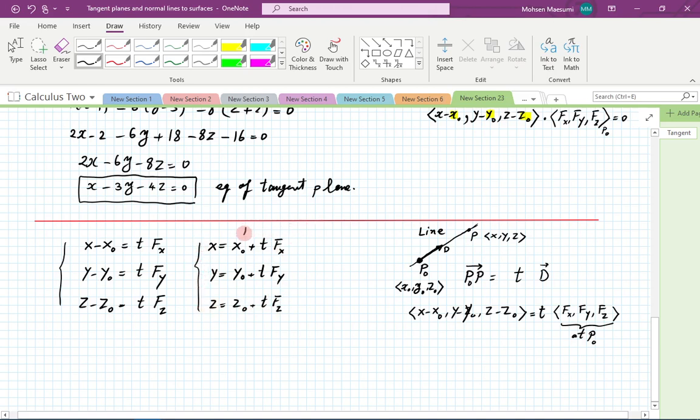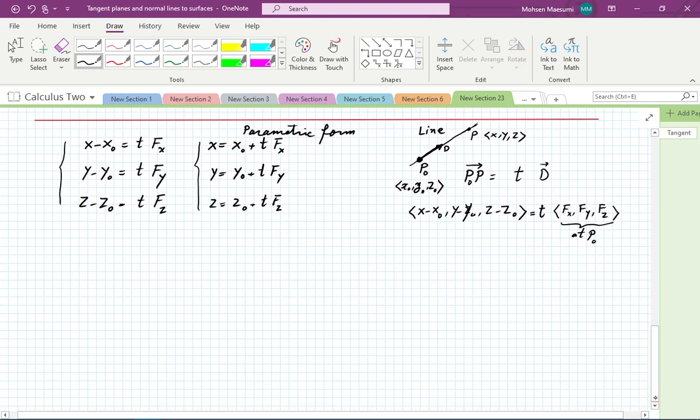So this is the parametric form, because t is the parameter in our equation. Sometimes they ask you to write it close to what you had in a prior course, either calculus 2 or even pre-calculus. So sometimes your homework or web assign insists on something called symmetric form.